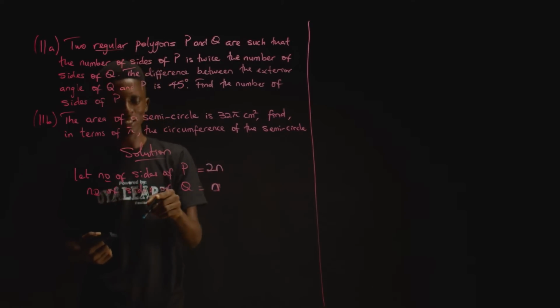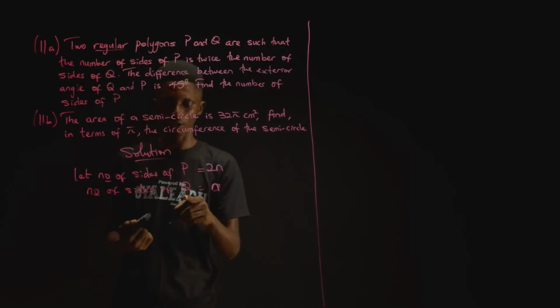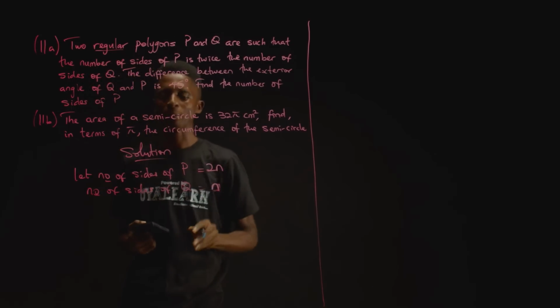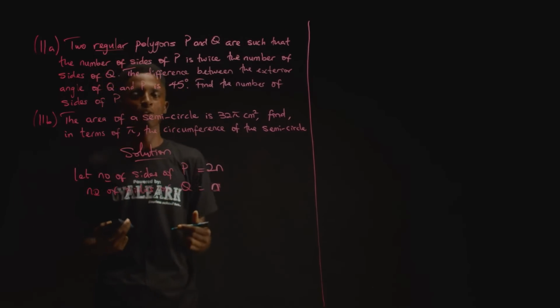So let the number of sides for Q be n, and then the number of sides for P would be twice of Q, which is 2n. Now that we've interpreted that part, we can go on to solve the rest.